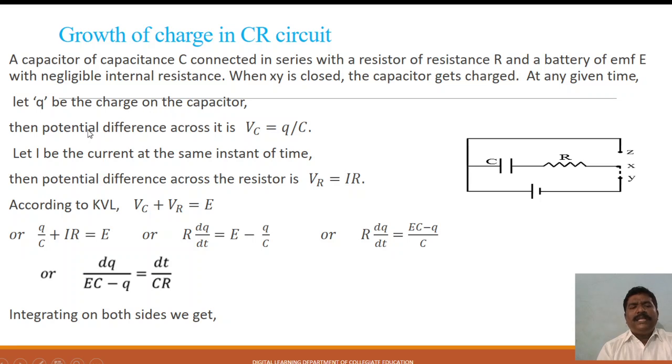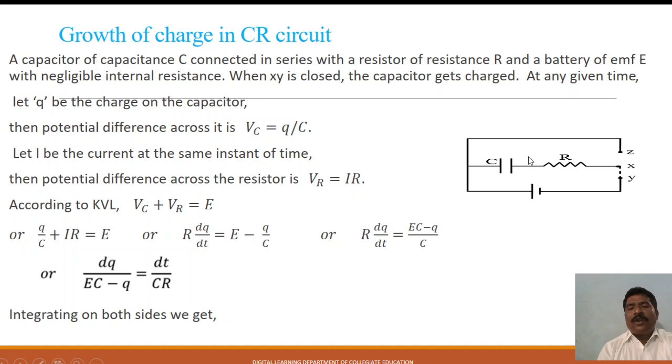Then the potential difference across it, from the basic equation, is V is equal to Q divided by C. So the voltage drop across the capacitor is Vc equal to Q divided by C. Let I be the current at the same instant of time.